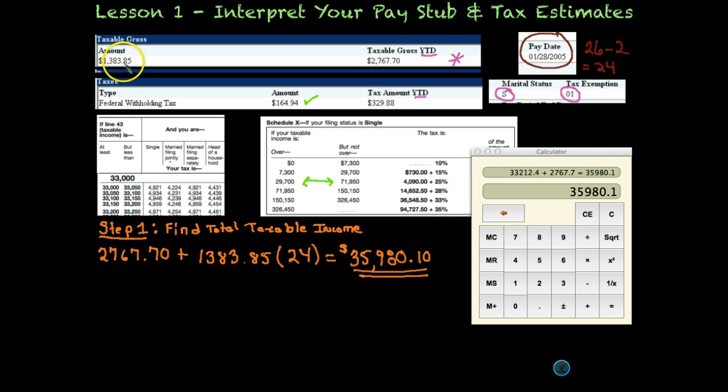All right, let's move on to step 2. In step 2, we're going to estimate how much federal tax is going to be withheld based on the tax exemption that this person claimed and the marital status.